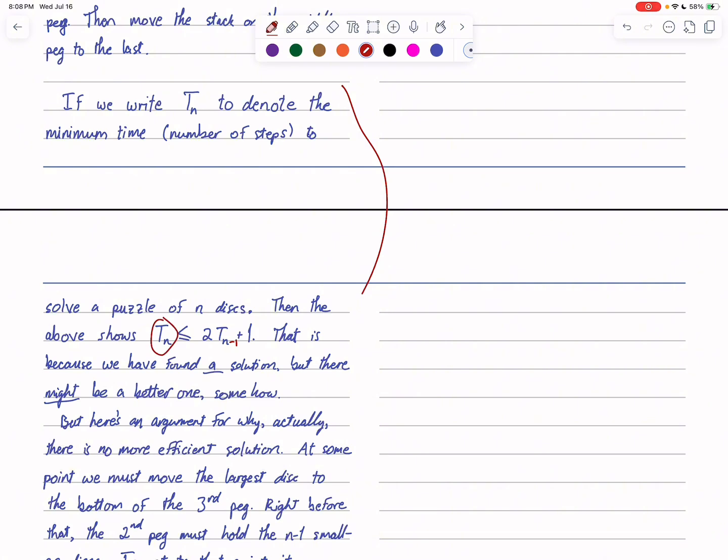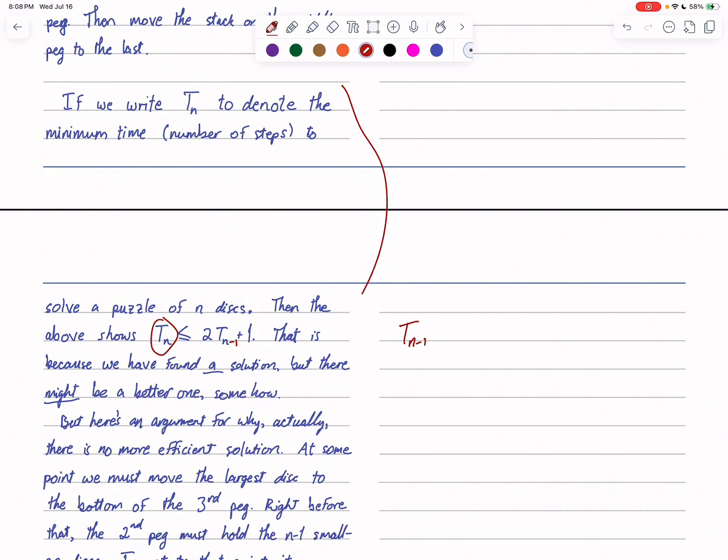And, oh, I have a typo here, it should be n minus 1. What we said was that we can use the time it takes to solve the problem for n minus 1 disks. So take those top n minus 1 disks, and whatever minimum time it takes, you do that to move them over to the middle peg.